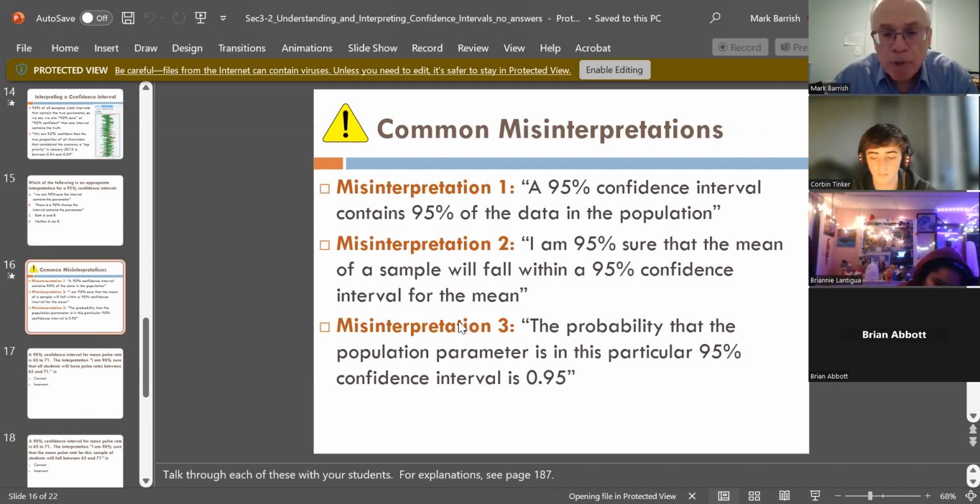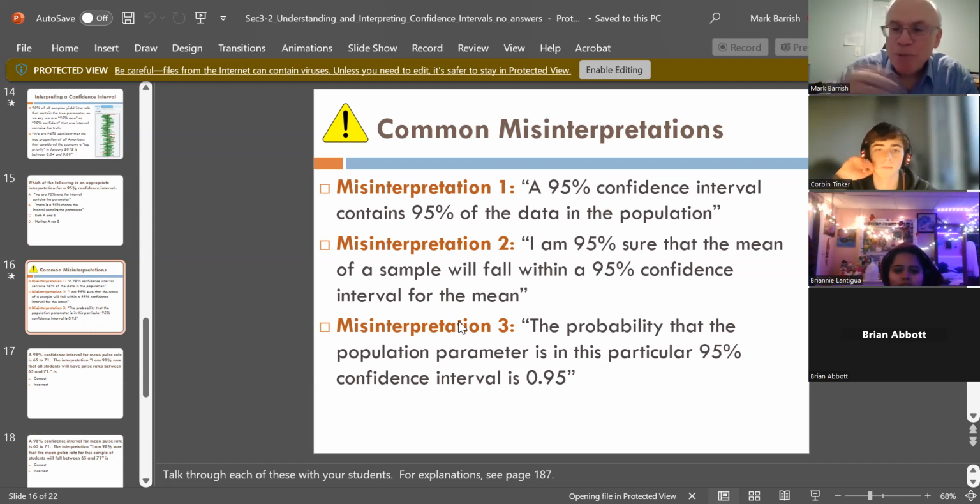All right. Misinterpretation 2. I am 95% sure that the mean of a sample will fall within a 95% confidence interval for the mean. That's actually false, because think about how the confidence interval is constructed. If we're dealing with means, isn't the sample mean right in the middle?